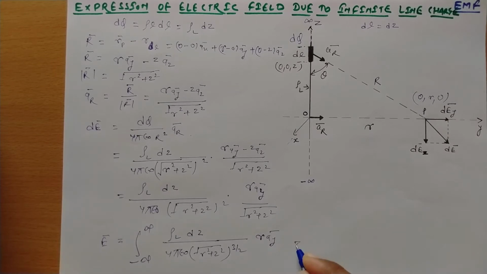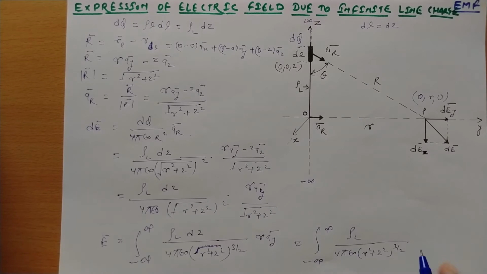One more line: integral from minus infinity to plus infinity, rho l upon 4 pi epsilon naught, (r squared plus z squared) to the whole power 3/2. Here the power will be 3/2, no square root will come, and this is given as r dz a_rho.